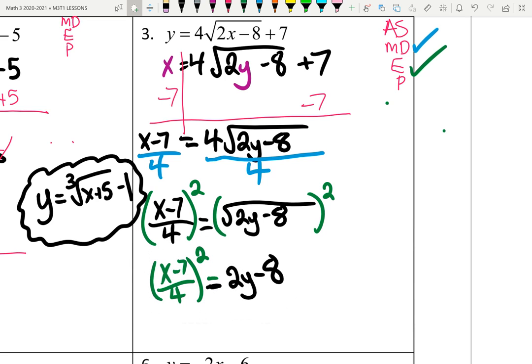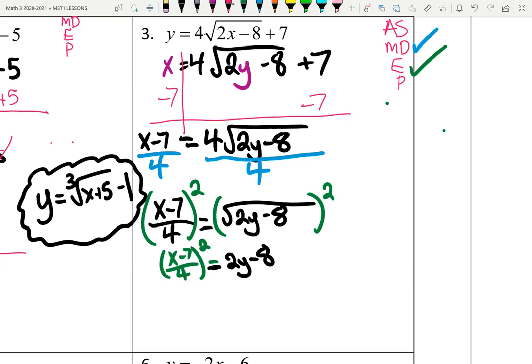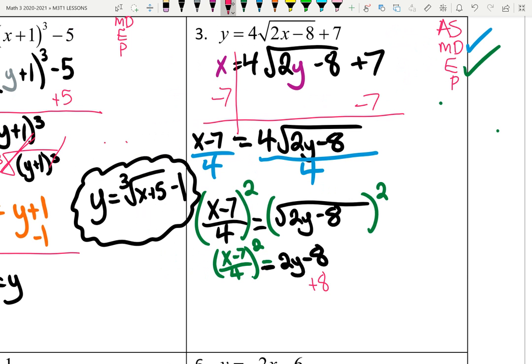All right, so at this point, we are almost there. We got rid of the radical. Now we just have to get our y by itself. So this is going to jump back to the first two steps. I'm going to add 8, but this 8 is going to be on the outside of this group. It's going to look like x minus 7 over 4 squared plus 8 equals 2y.